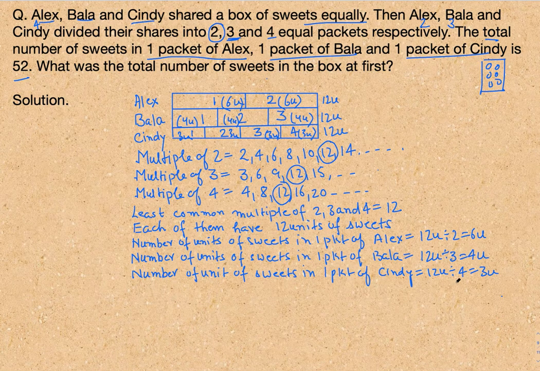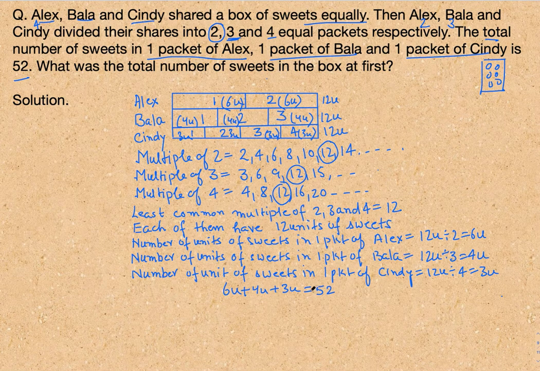Now what do we have here? We know that one packet of Alex, one packet of Bala and one packet of Cindy total 52 sweets. So 6 units, which is one packet of Alex, plus 4 units, which is one packet of Bala, and another 3 units, which is one packet of Cindy, is equal to 52, right?